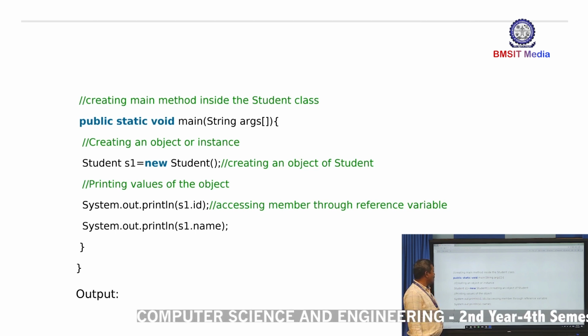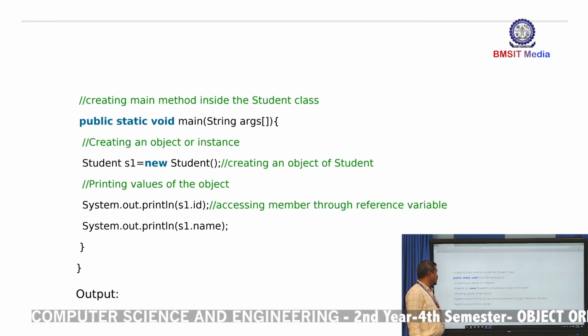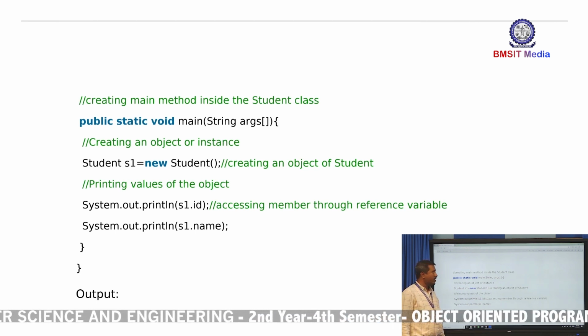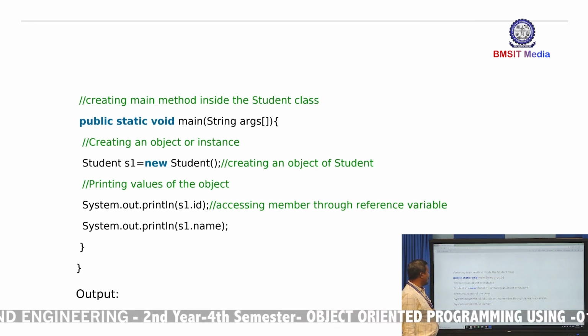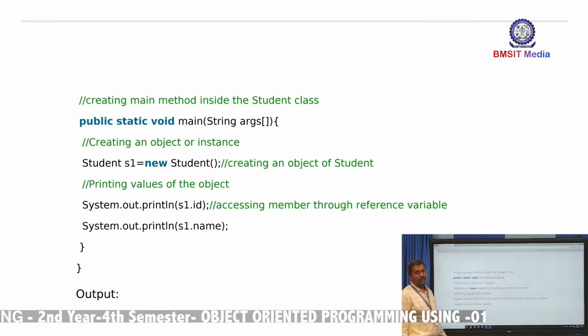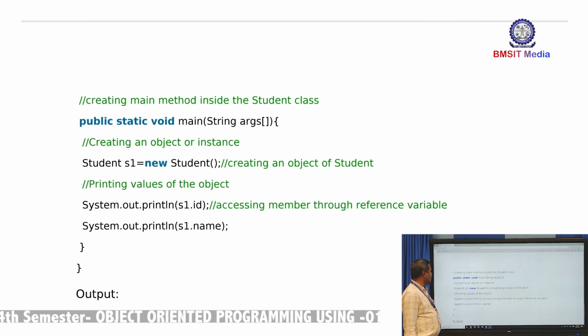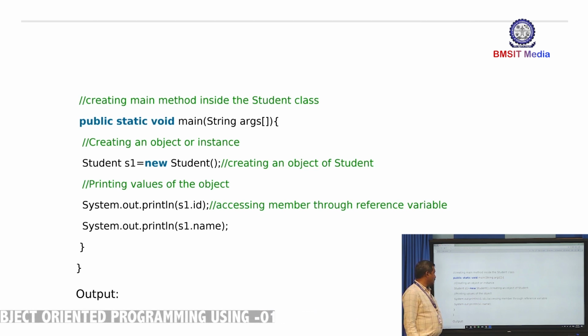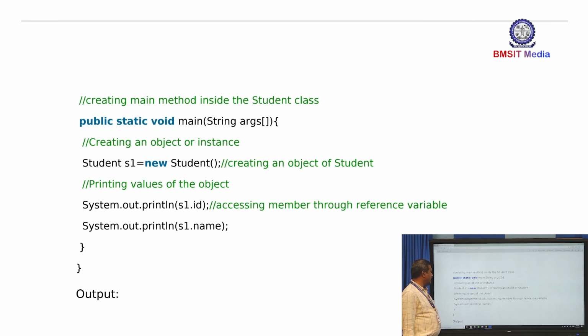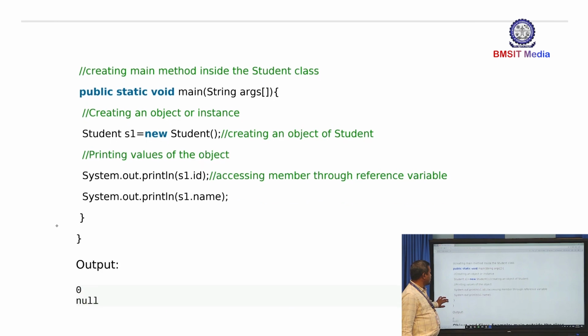Using the S1 object, we can perform different operations by inputting or outputting values. Here we are printing S1.id, and also S1.name, of the student.